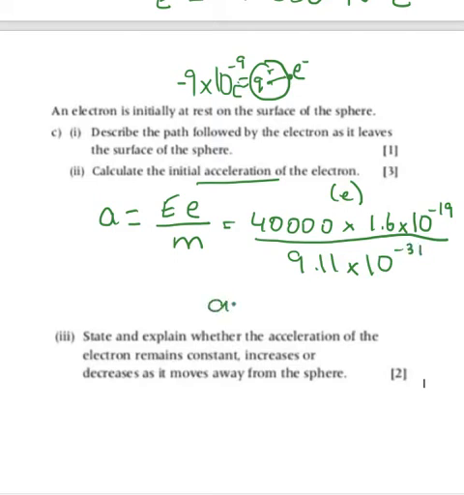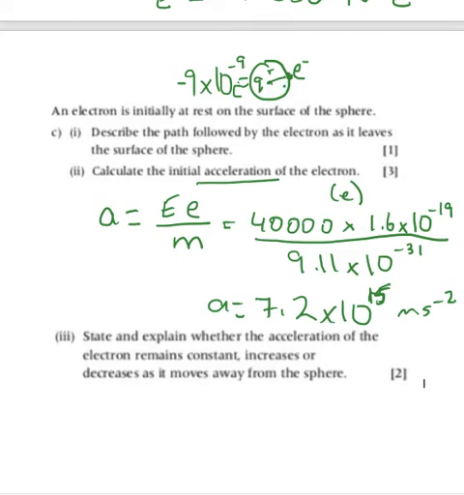So when you calculate, you get 7.2 times 10 to the power of 15 meters per second squared. So this would be the initial acceleration of the electron, immediate acceleration as it is released.